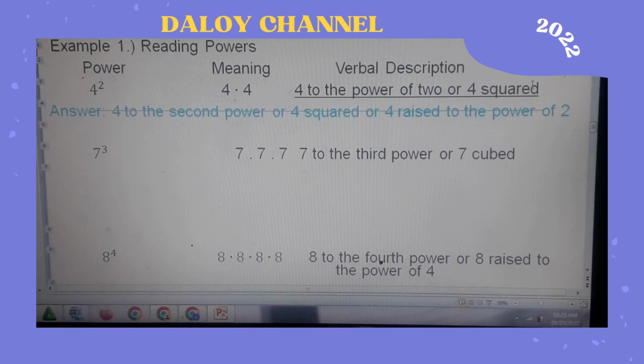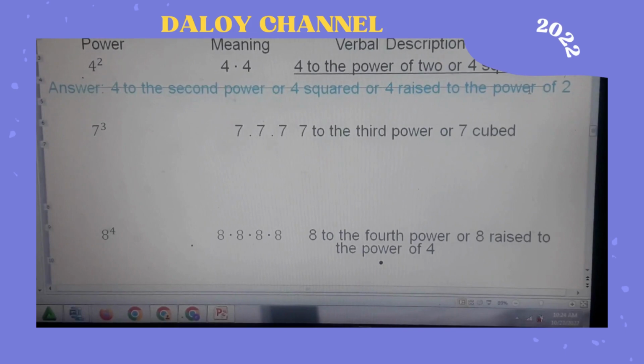For the next example, 7 cubed, meaning you are multiplying 7 three times by itself, and this can also be verbally described as 7 to the third power or 7 cubed. The third example, 8 to the power of 4, meaning you are multiplying 8 four times by itself. It can also be called 8 to the 4th power or 8 raised to the power of 4.